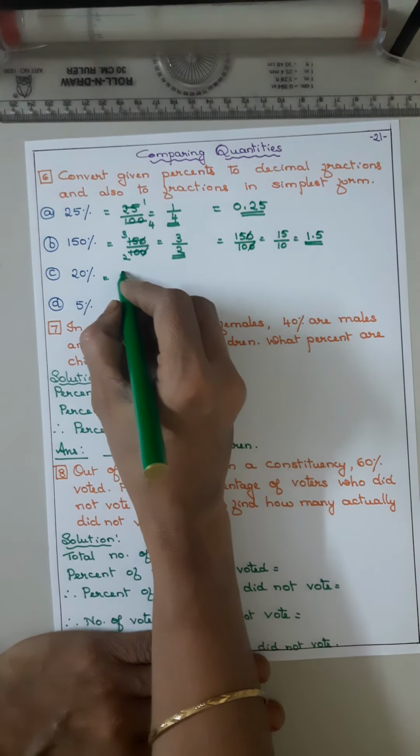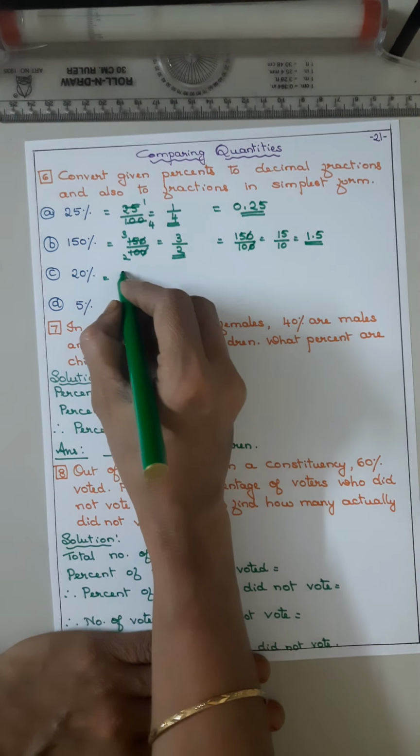Now 20/100: 2 1s are 2, 5 2s are 10, so the simplest form is 1/5. But if you are writing it in decimal, you will get 2/10, then it is 0.2.